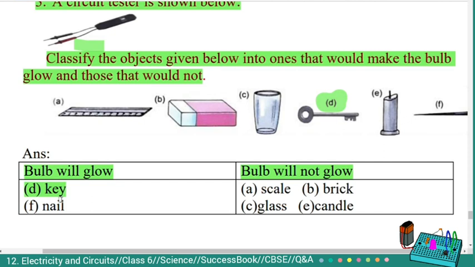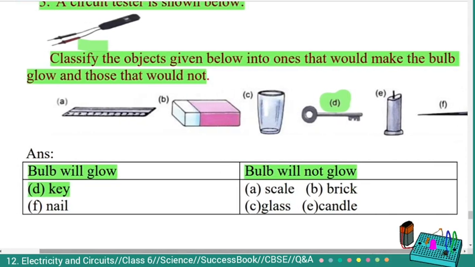Bulb will glow for key. E, it is a candle. Here the bulb will not glow. F, it is a nail. In case of a nail, the bulb will glow. So only in case of key and nail, the bulb will glow. In other cases, the bulb will not glow.